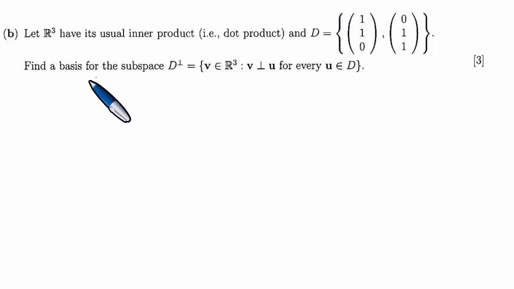Find a basis for the subspace D-perp, which is the orthogonal complement of D that contains all the vectors V in R3, such that V is perpendicular to U, or V is orthogonal to U for every U in D.